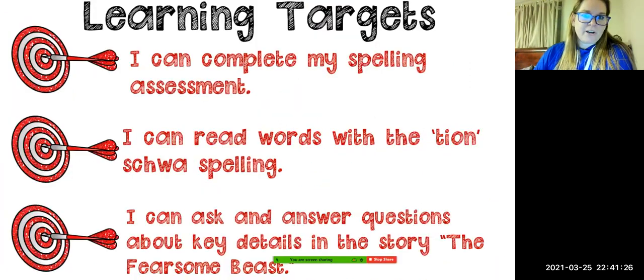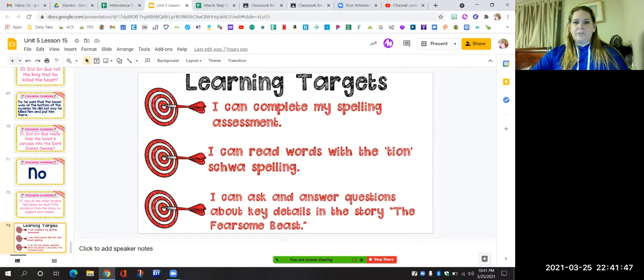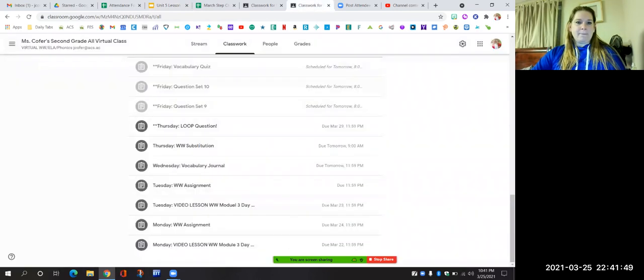So our learning targets for today were: I can complete my spelling assessment, which you are going to go do right now as soon as we get off of here; I can read words with the shun schwa spelling; and I can ask and answer questions about key details in the story, The Fearsome Beast. So make sure that you go to the classroom today.